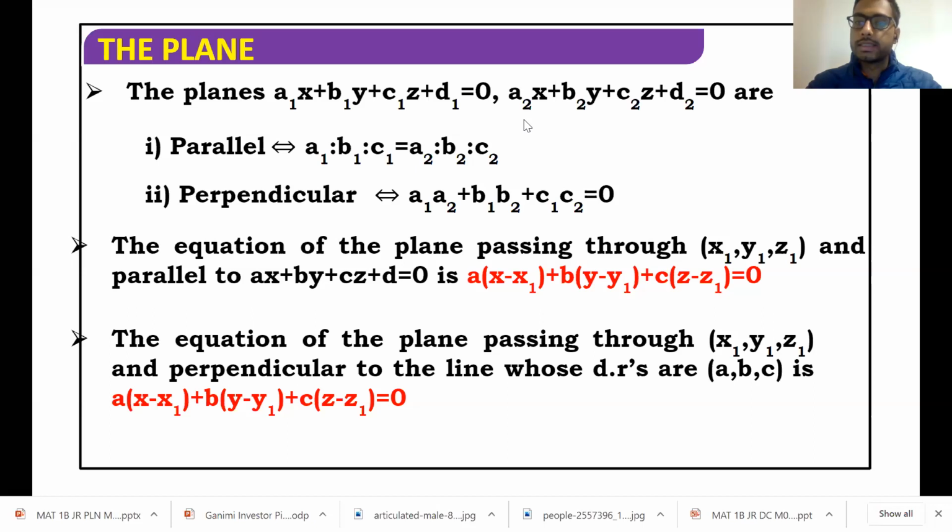And in the previous case, you had a point and it was given that your plane is parallel to another plane ax plus by plus cz.